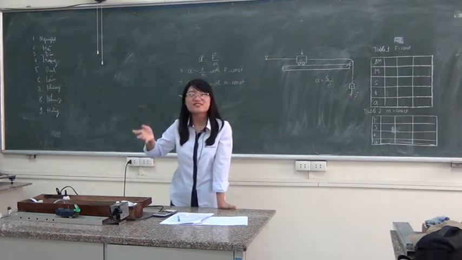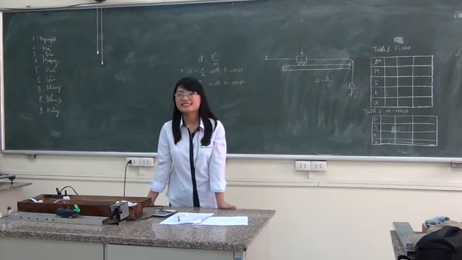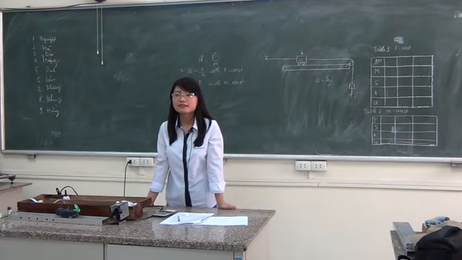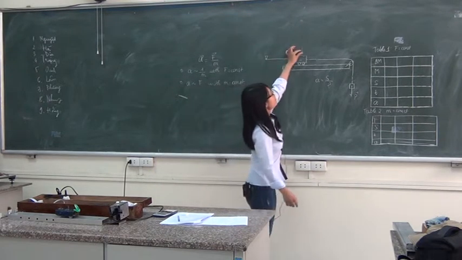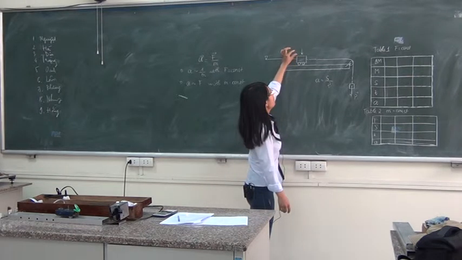I don't understand your idea. No, you use the same setups, but instead of considering the system of mass, you only consider the car on the top of the track to investigate or verify. Only the car on the top. Yeah.